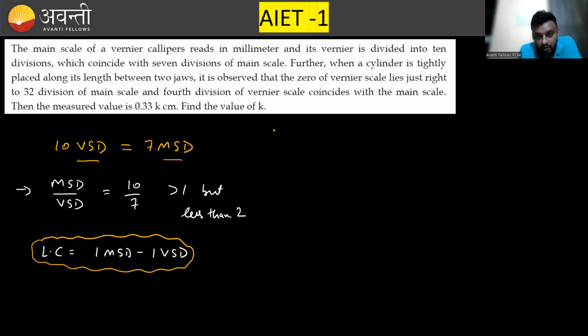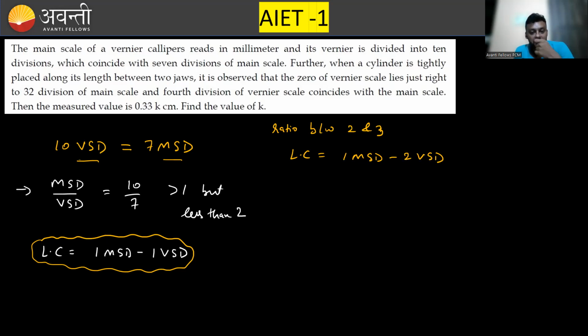In that situation, if the ratio MSD over VSD is between 2 and 3, then the least count will be 1 MSD minus 2 VSD. Similarly, if it is between 3 and 4, then the least count will be 1 MSD minus 3 VSD. Are you getting my point?